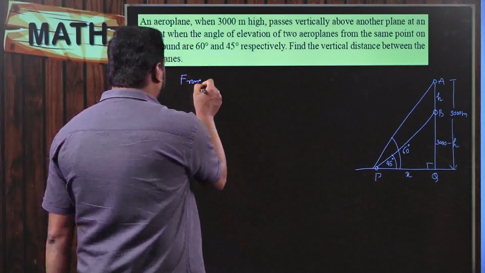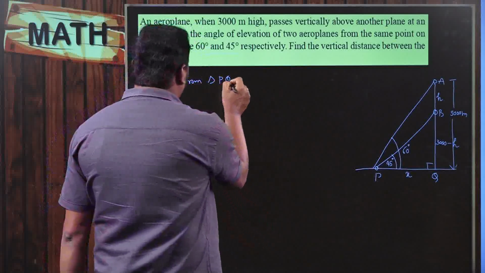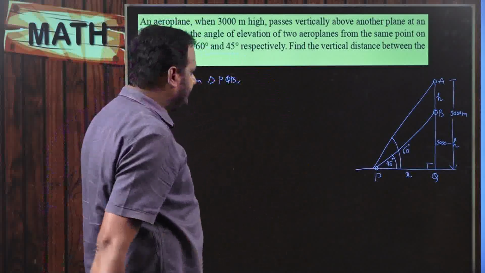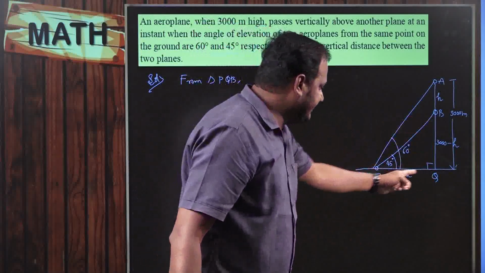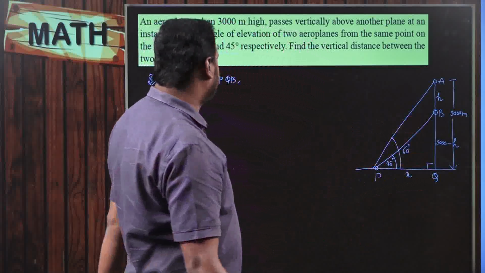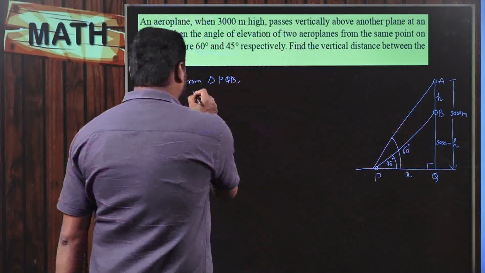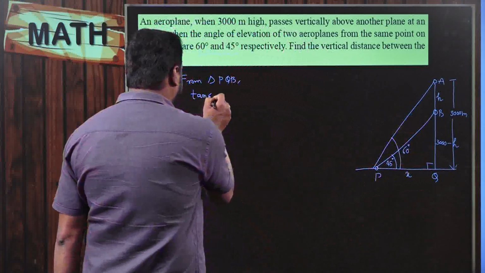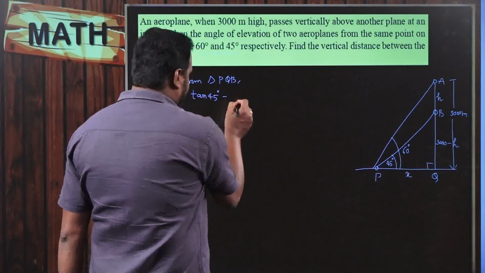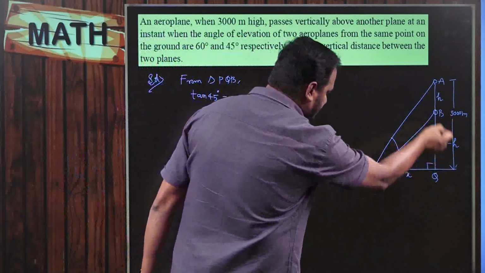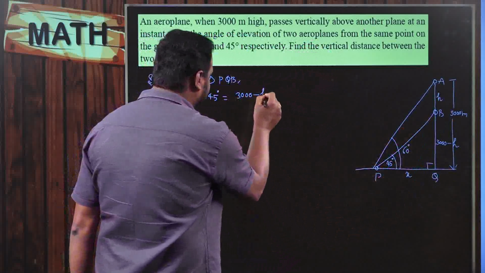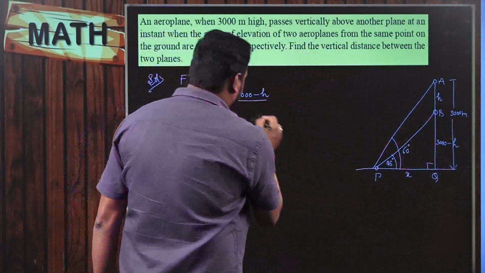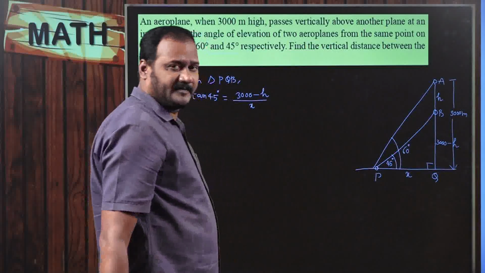From triangle PQB, in this right angle triangle PQB, the angle is equal to 45 degrees. This is the opposite side and this is the adjacent side. So I will apply tan. So tan 45 degrees is equal to the side opposite to 45 degrees, BQ, that is 3000 minus h, divided by adjacent, which is x.